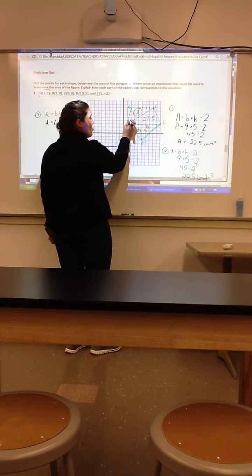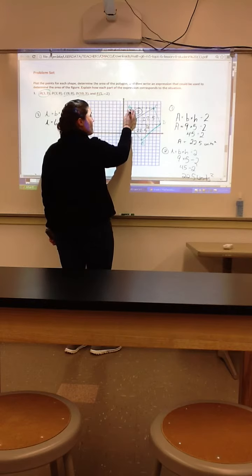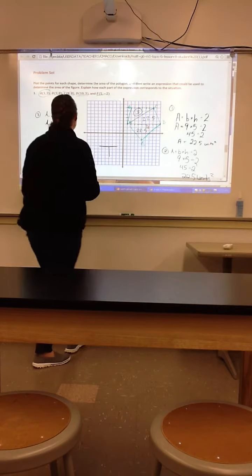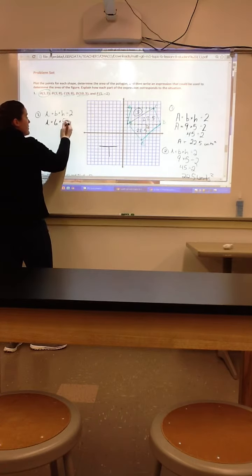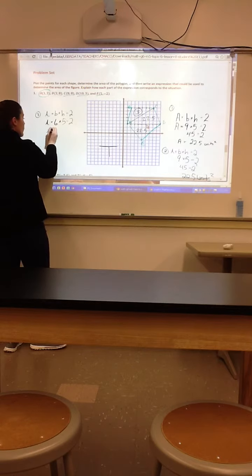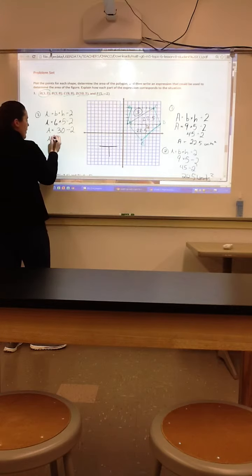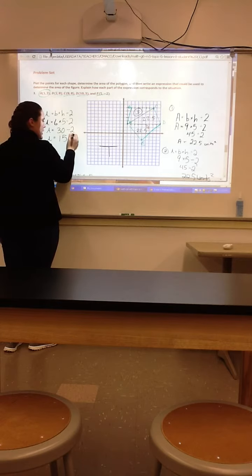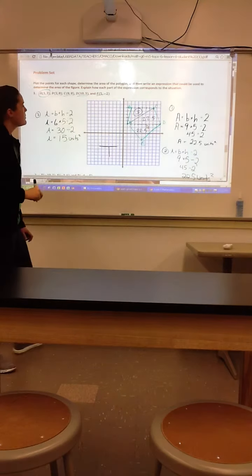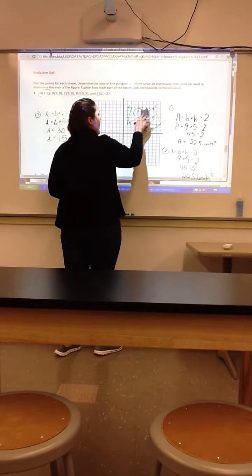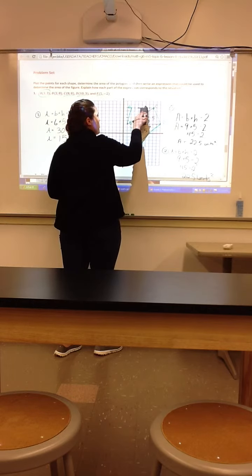Start here. 1, 2, 3, 4, 5. My height is 5. And I just bring down my divided by 2. 6 times 5 equals 30 divided by 2. My area equals 15 units squared.